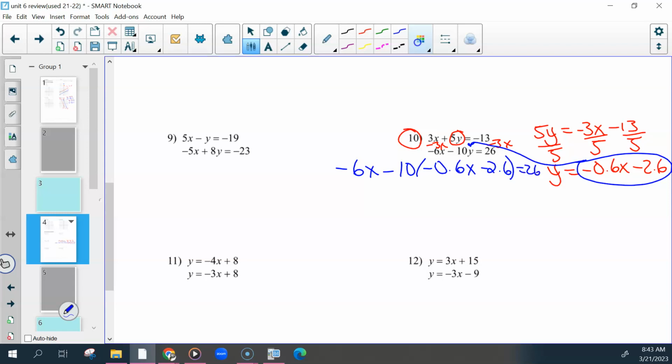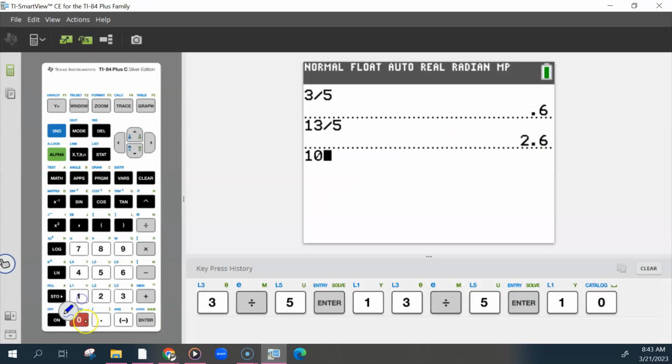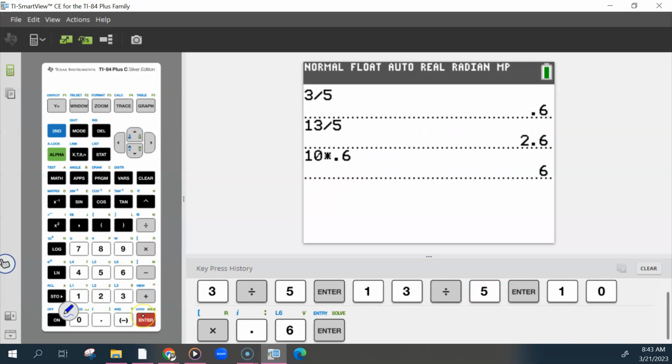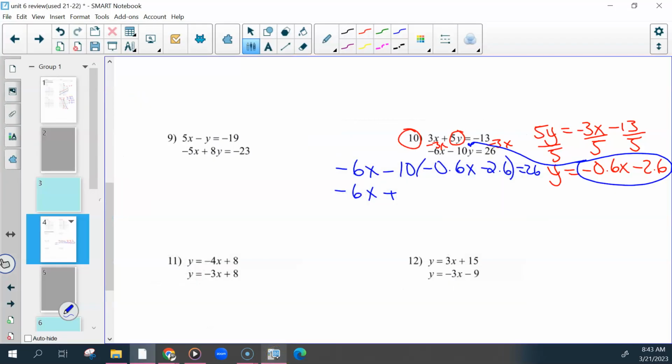And then solve. So you have negative 6x plus 16, plus 6x plus 10.